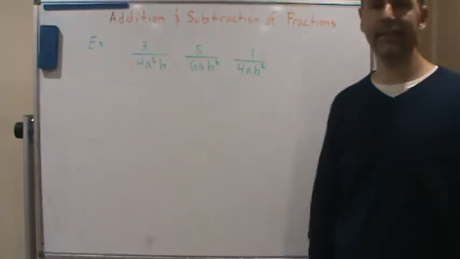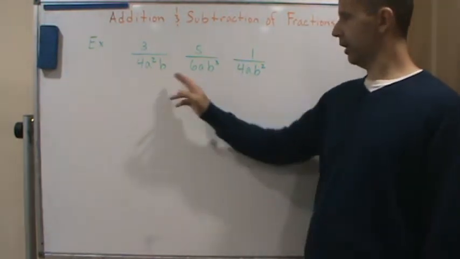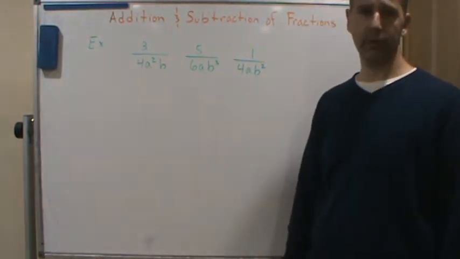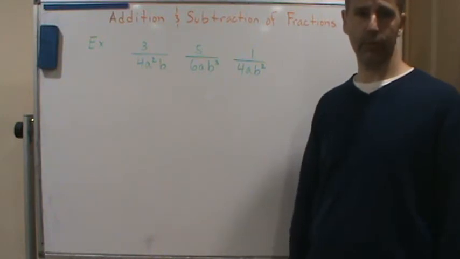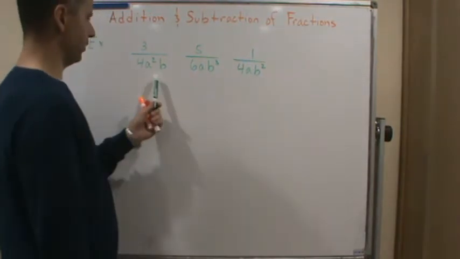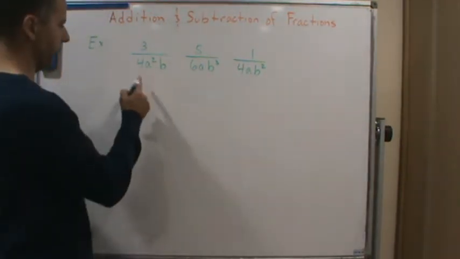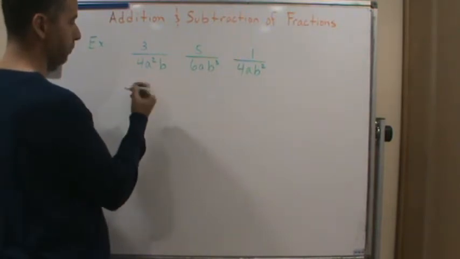Okay, so in this example, we're going to find the least common divisor of these three fractions, using those three steps that I referred to in the last video. If we look at the denominators, we're going to factor each one of these into prime factors.